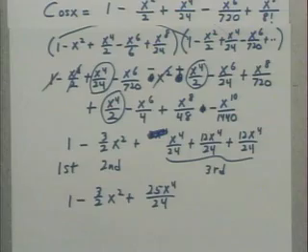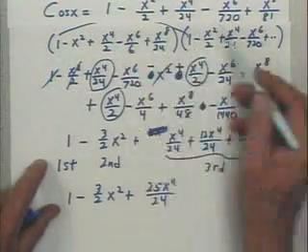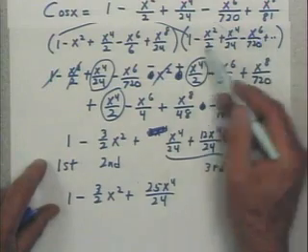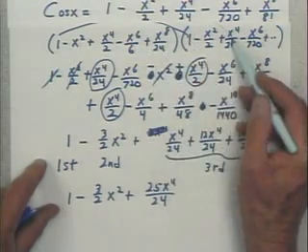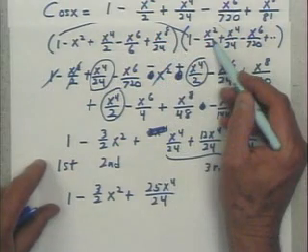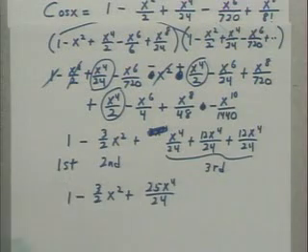And you can get x to the 10th different ways. See, this x to the 4th times x to the 6th here, that would give x to the 10th. But so would x to the 6th times x to the 4th here. And so would x to the 8th times x squared. So you got to make sure you FOIL enough terms so all the powers for that particular term are exhausted and present.